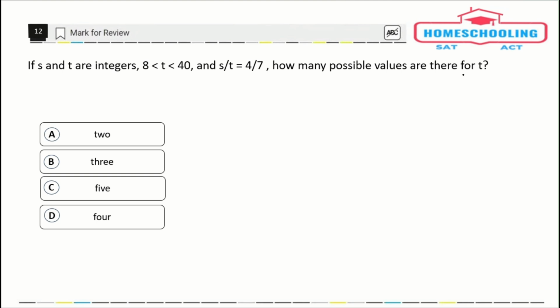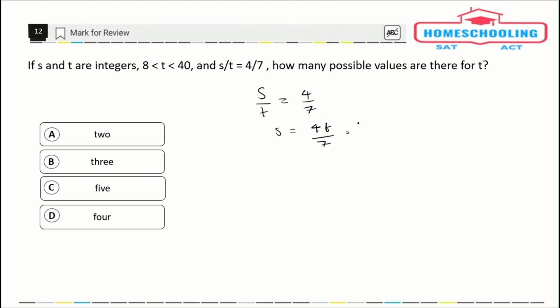So let's see how we are going to take this question. First we will write this equation: S divided by T is 4 divided by 7. So we can say that S is 4T divided by 7.